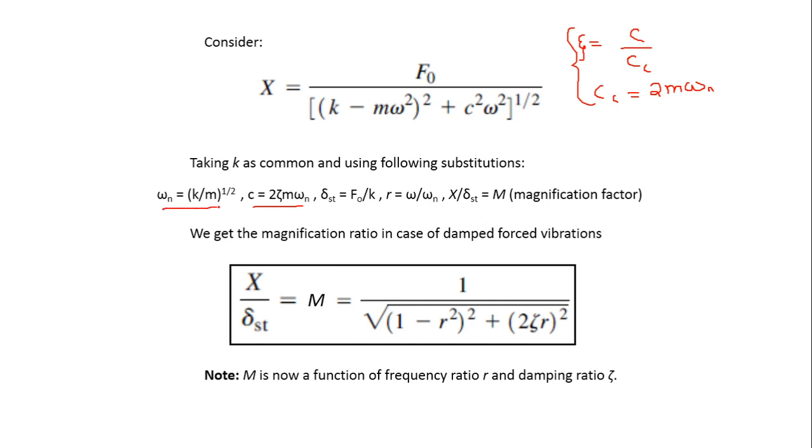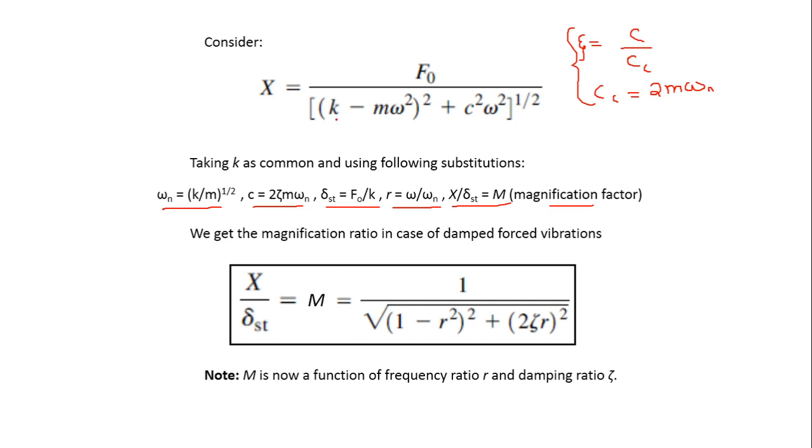Omega n is already known to us, under root K by m. Static spring deflection is already known to us. It is F naught upon K. R is the frequency ratio omega upon omega n, and we have already claimed that the dimensionless forced vibration amplitude, that is x upon delta st, is equal to m, the magnification factor.